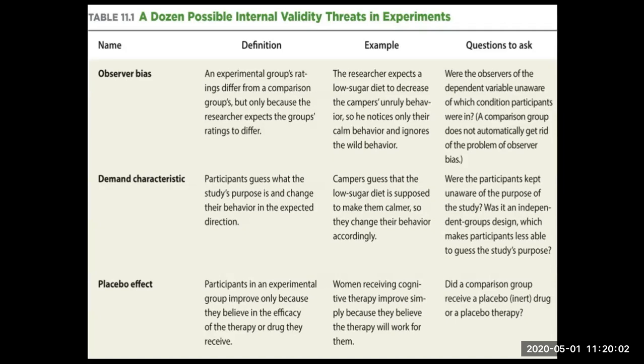But in this case, whether it's one group or multiple groups, the participants can guess what the study's purpose is, right? In class, I talked about an example of giving a pill versus a placebo for an antidepressant study, and the observer bias also turns into a demand characteristic, right? So if I know who's getting which version of the pill, the placebo or not, it could be the way that I give it out.